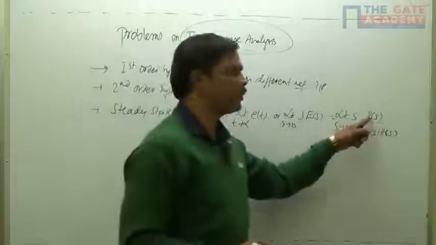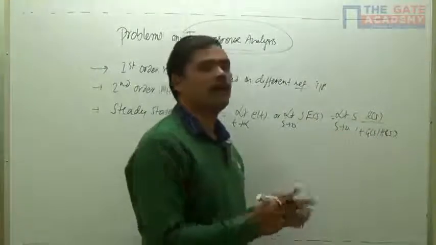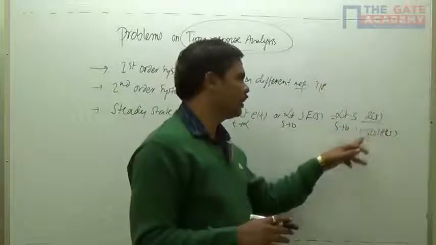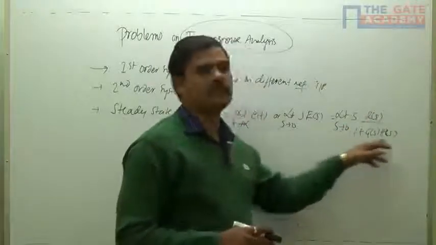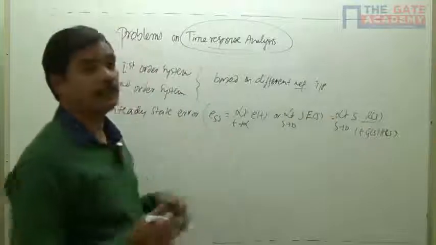So by knowing the reference input, like step input, ramp input, or a combination of different inputs, and the loop transfer function G(s)H(s), we can calculate the steady state error.